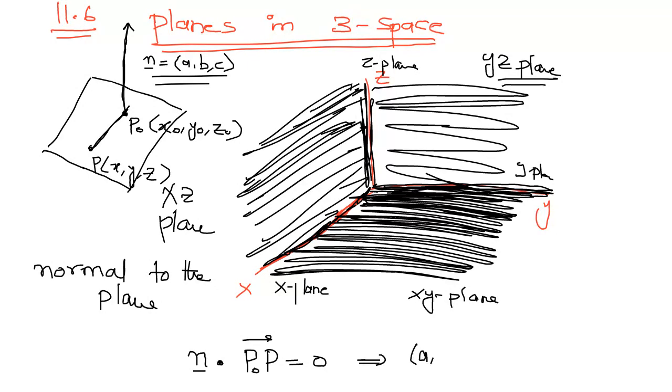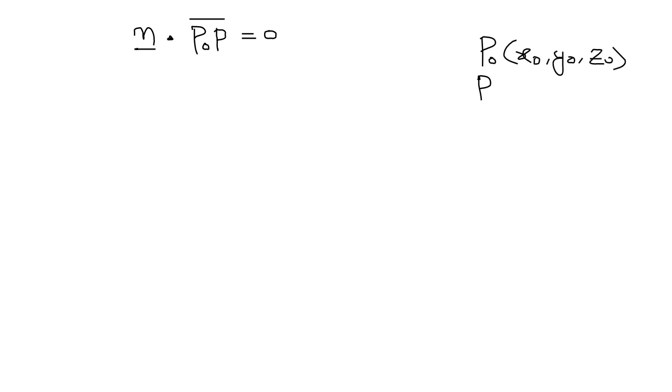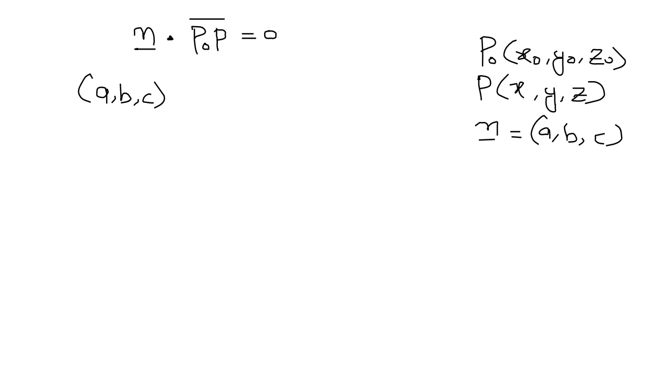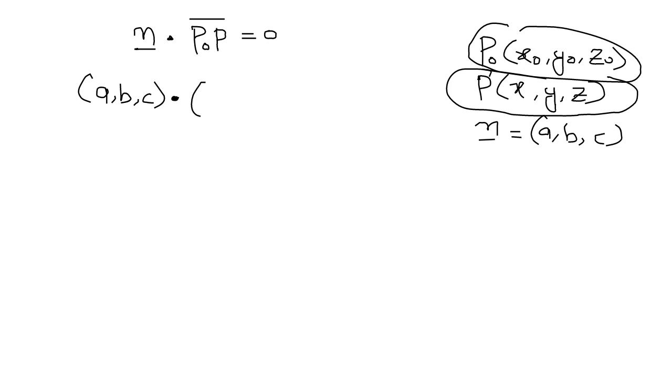Now, the normal vector has the components A, B, and C, right? And normal vector dot P naught P vector is equal to 0, and P naught has the components X naught, Y naught, and Z naught, and P has the components X, Y, and Z. The normal vector is A, B, and C. How can you find the vector P naught P?